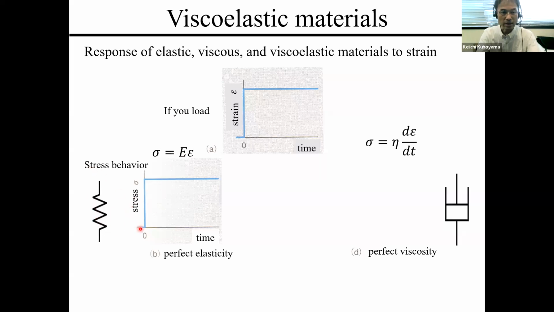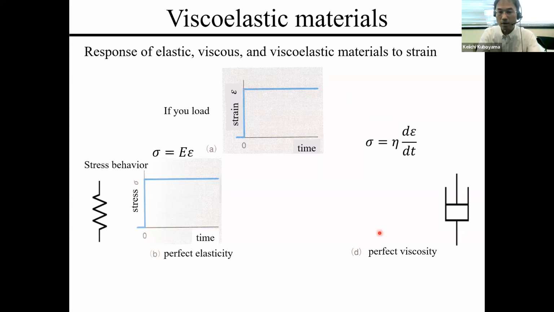The stress generated in the perfectly elastic material also becomes constant, because the stress is proportional to strain. Now please think about how a perfectly viscous material behaves when you apply a constant strain.